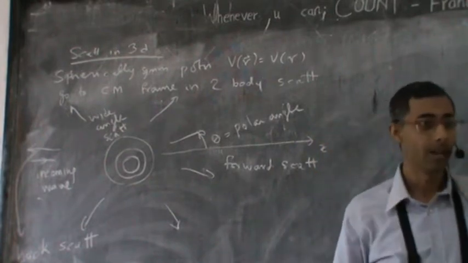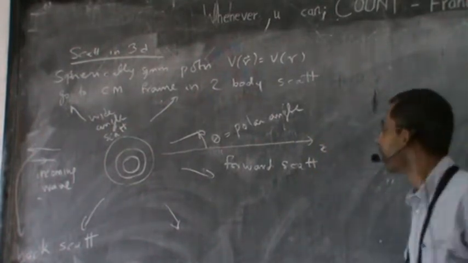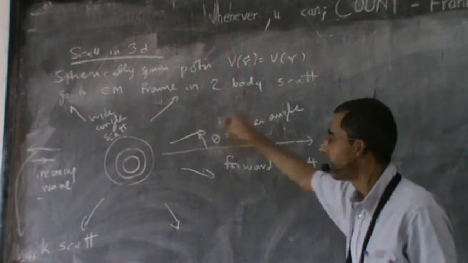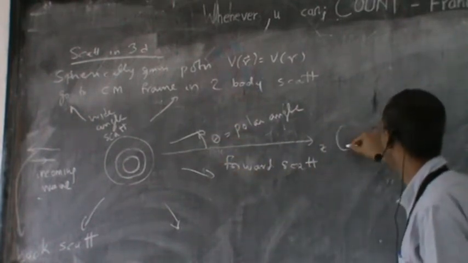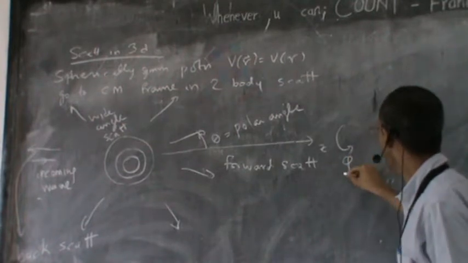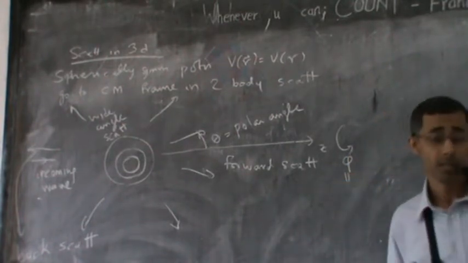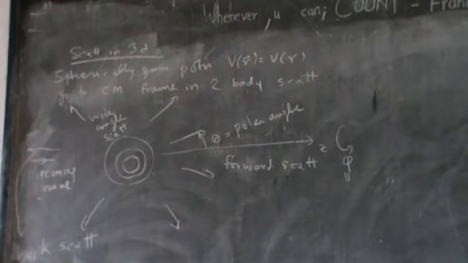This is spherical coordinates, called polar angle. Then there is a third angle, which is this way. That's called phi. And the fancy name for phi is azimuthal angle.